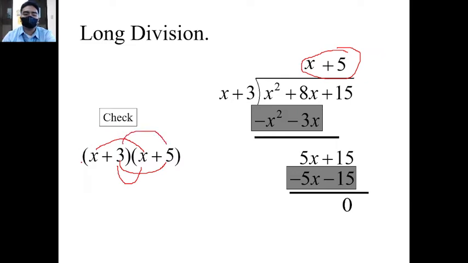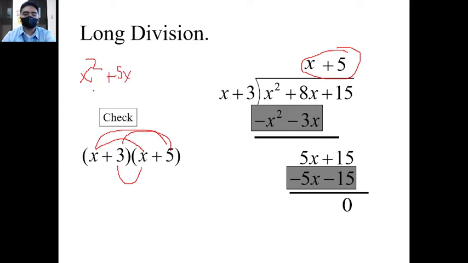No? So your first term will be x squared. Your outer term, I'm sorry, this one. So it is x multiplied by 5. So it will become 5x.